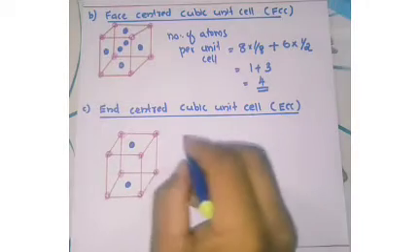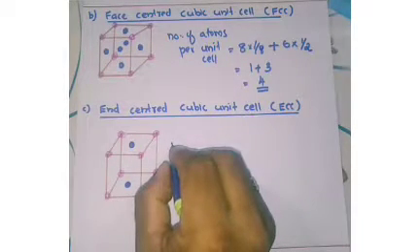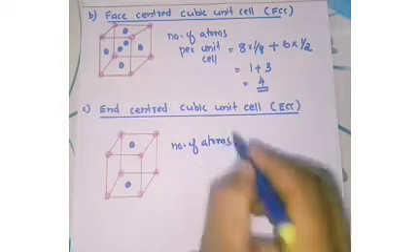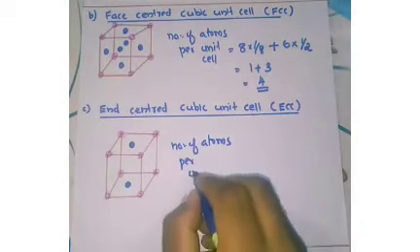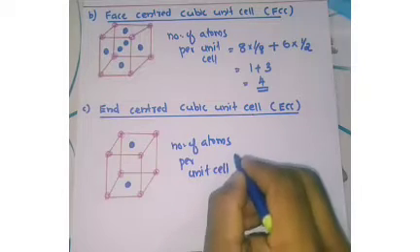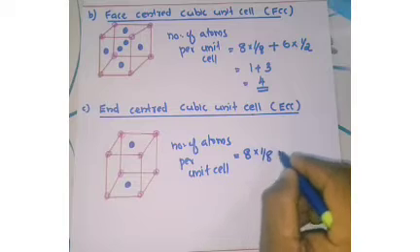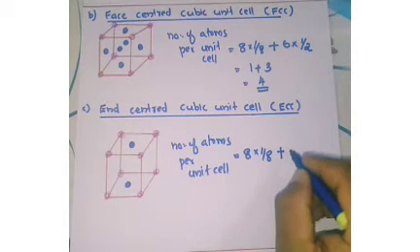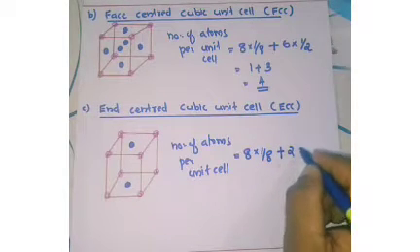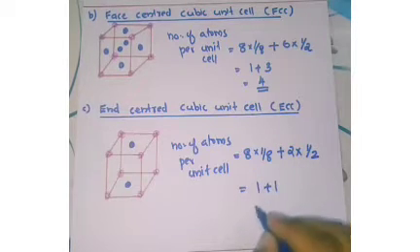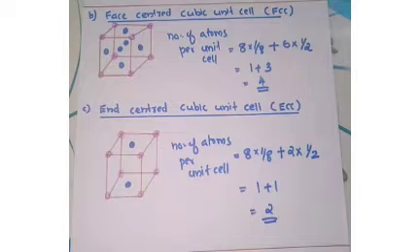So how can you calculate the number of atoms per unit cell in ECC? 8 corners into 1/8 part of an atom plus how many faces? 2 faces, with contribution of atoms at a face 1/2. So 1 plus 1, how much? 2. Clear? Then these are the different types of unit cells.